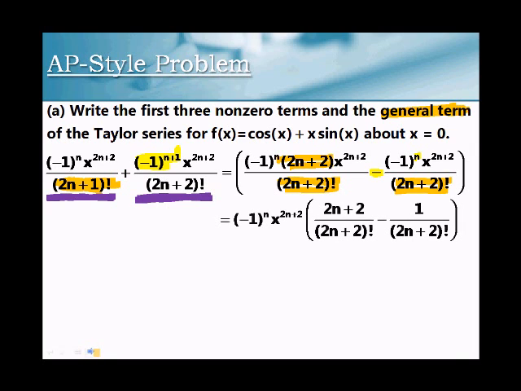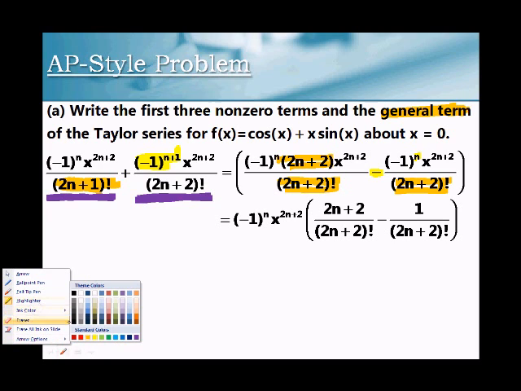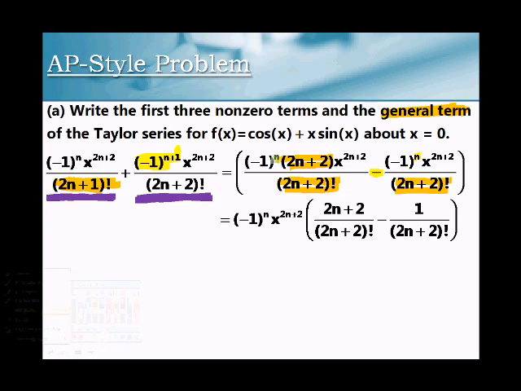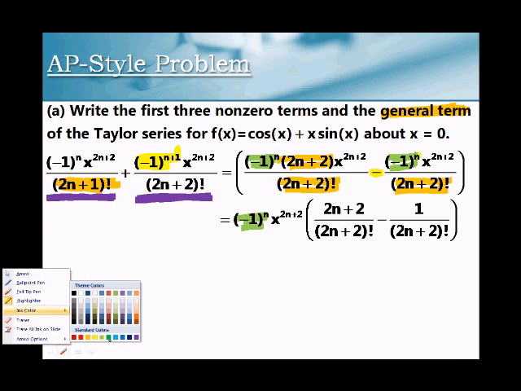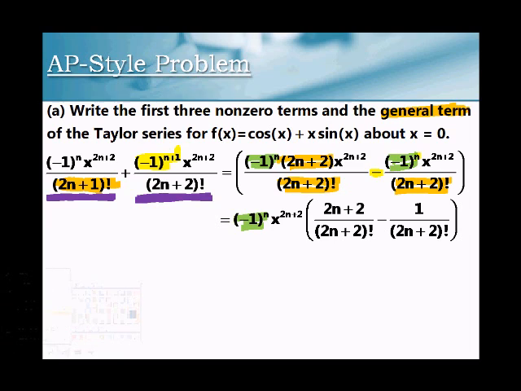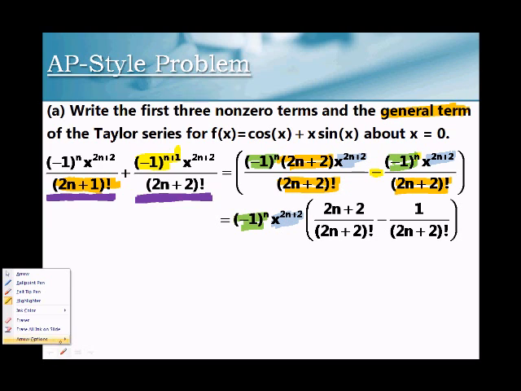So I'm going to factor out a negative 1 to the n. There it is. I'm also going to factor out an x to the 2n plus 2. There it is. And inside the parentheses, you guys can see that I'm left with a 2n plus 2 over 2n plus 2 factorial minus 1 over 2n plus 2 factorial.